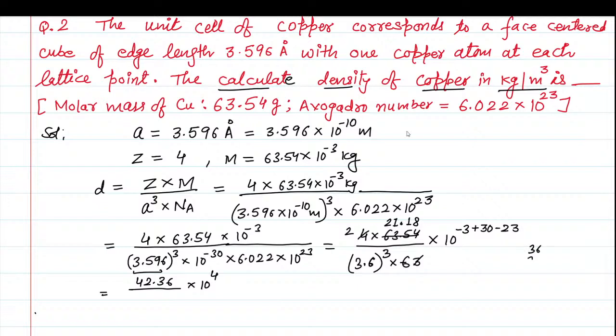So 36 into 36 is 1296, then 1296 further multiplied by 36.